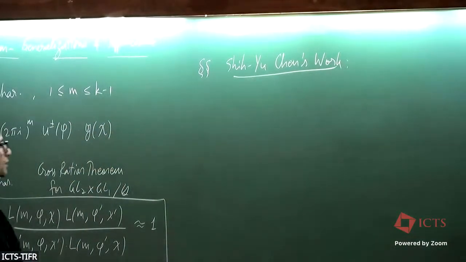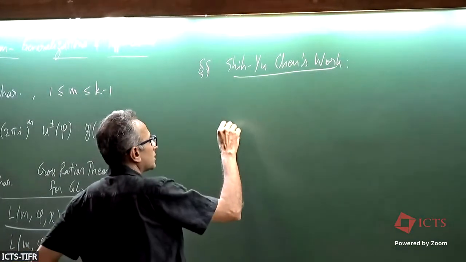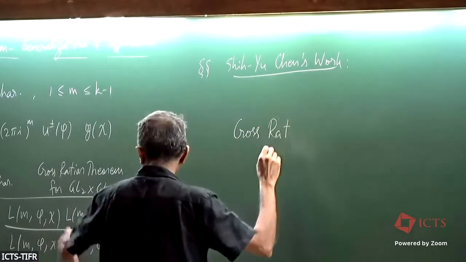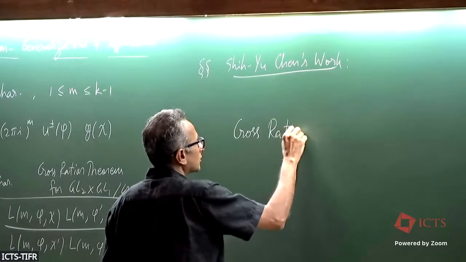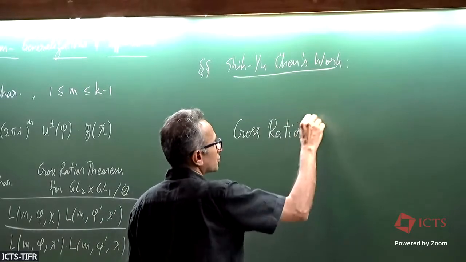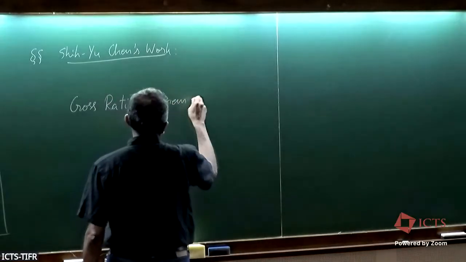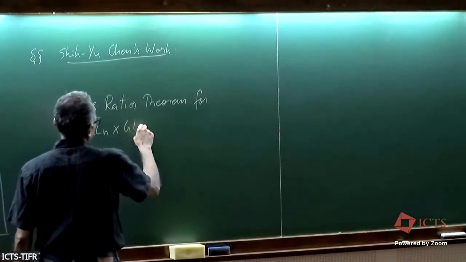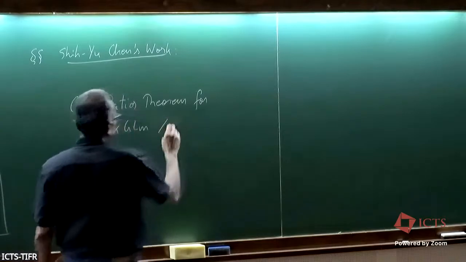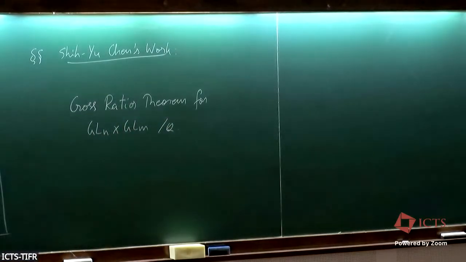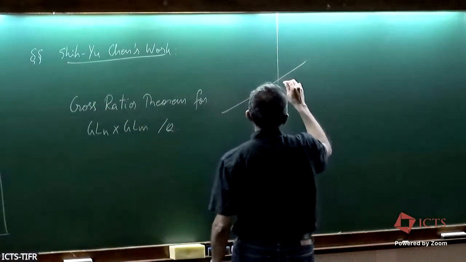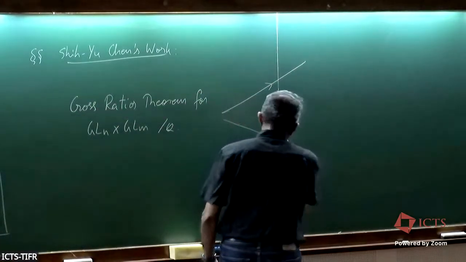He proved the cross ratios theorem. In fact, even looking at this combination is due to Chen, cross ratios theorem for GL_n cross GL_m over Q. And then using this, he had two beautiful applications.